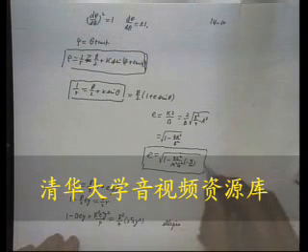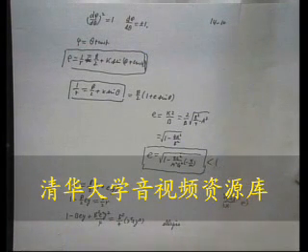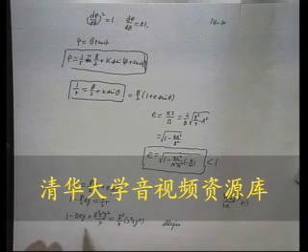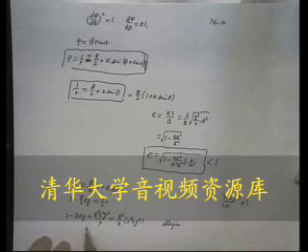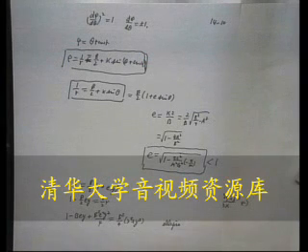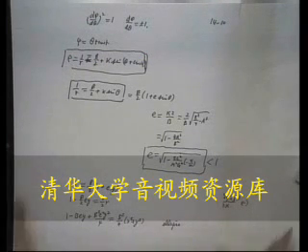This is for e less than 1. How do I know it's an ellipse? Because when you have a quadratic equation in x and y, we'll show that it's an ellipse in a minute.